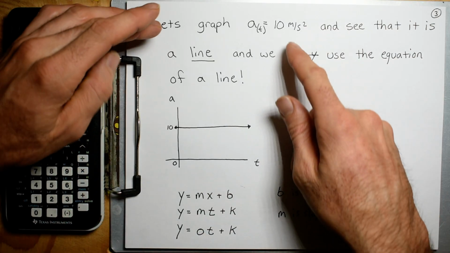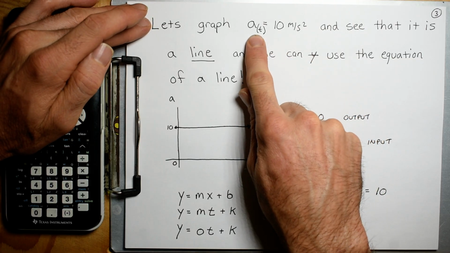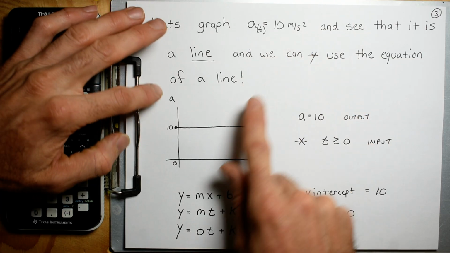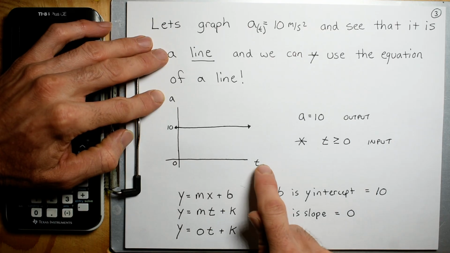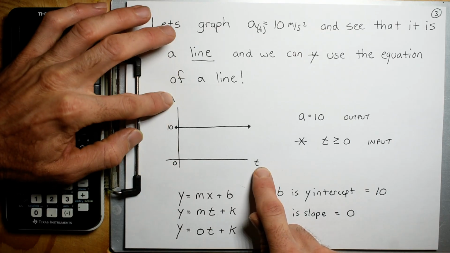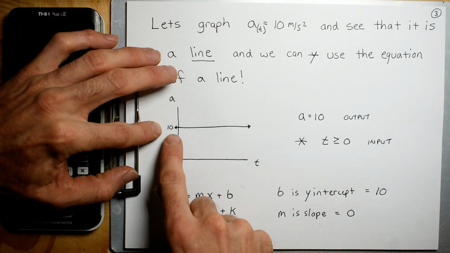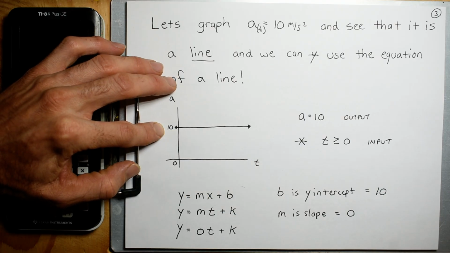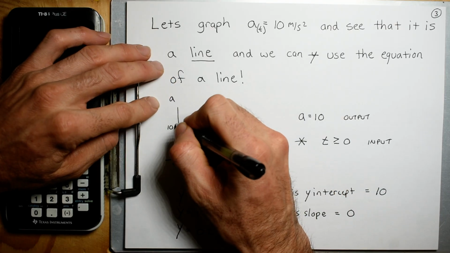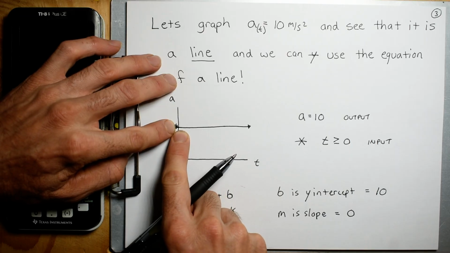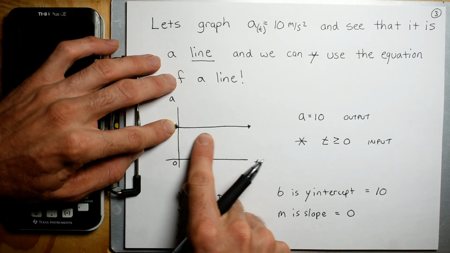So now let's graph acceleration as 10 meters per second squared. I'm going to put my x-axis as time, my y-axis as acceleration, and then here's 10. Let's have this start at 0 and be bounded. Time can only be 0 to infinity.